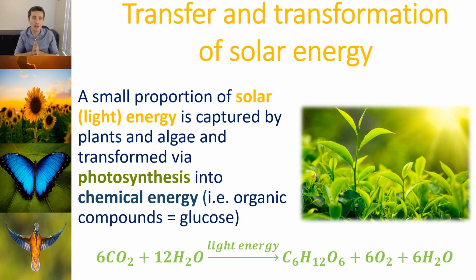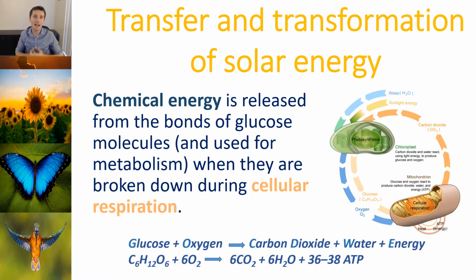But the basic idea: sunlight comes in, and only a tiny bit of that sunlight is converted into chemical energy, which we call, for example, glucose, or sugars. Now, that chemical energy is actually released from the bonds of glucose molecules and used for metabolism when they are broken down during this process of cellular respiration.